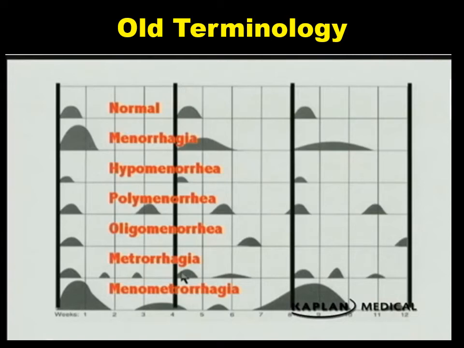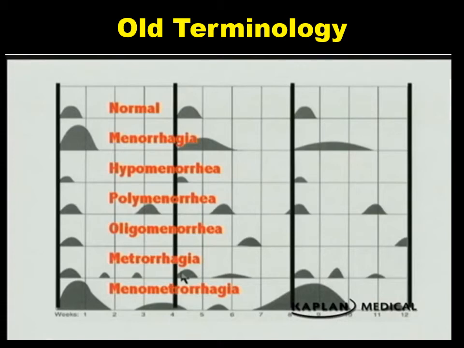If the length of the cycle is more than 35 days, then we're talking about oligomenorrhea. This means infrequent cycles. And oligomenorrhea, whenever you hear it, remember polycystic ovary syndrome.